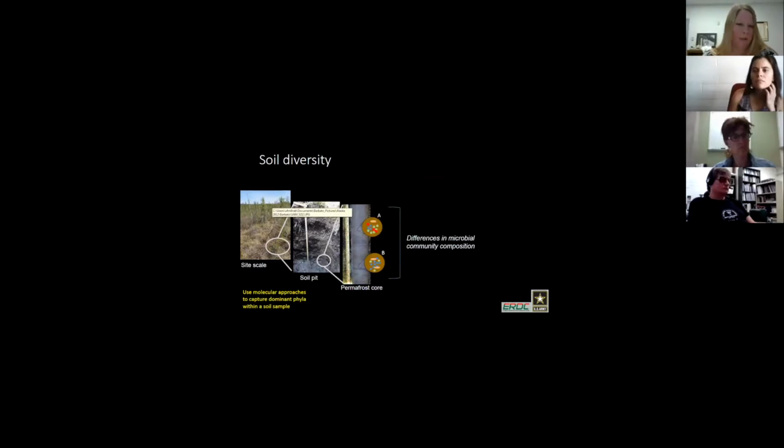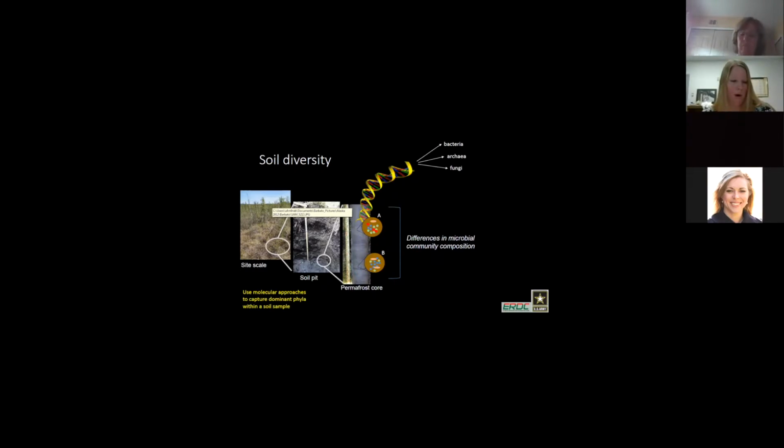So we are testing whether we observe differences in microbial community composition from these layers within permafrost because of differences in ecosystem traits at the time the feature formed. So we use molecular techniques such as DNA extraction and sequencing to capture the abundance of bacteria, archaea, and fungi present in the permafrost.